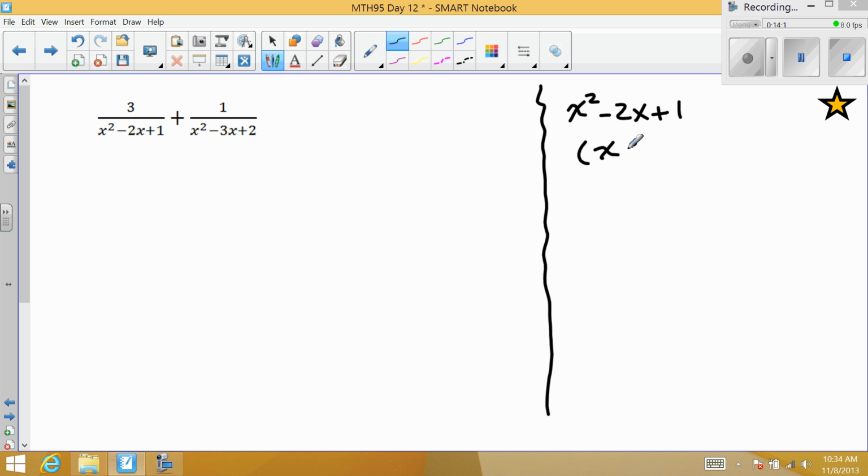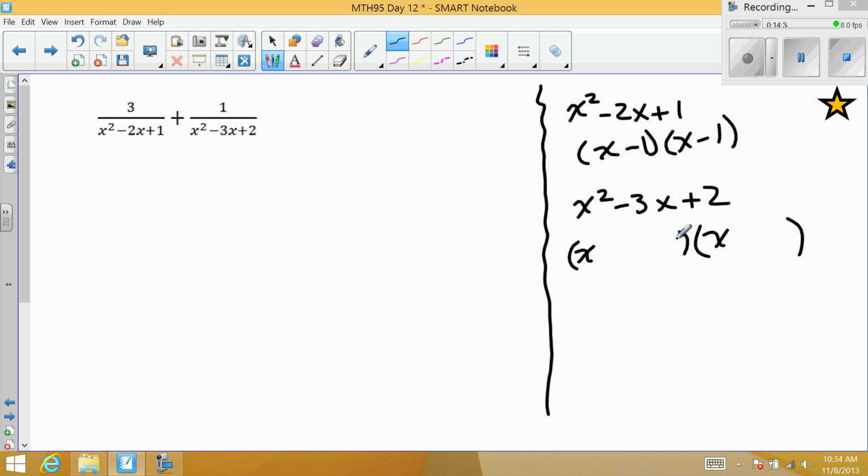Let's see, looks like this will have to be a subtract 1 and a subtract 1. That way the negative 1 and negative 1 multiply for a plus 1, but add to a negative 2. And then our second denominator there, x squared subtract 3x plus 2. Factoring that, let's see, x squared would have to be x times x. 2 would have to be 1 and 2.